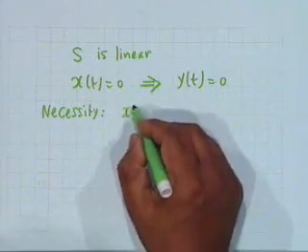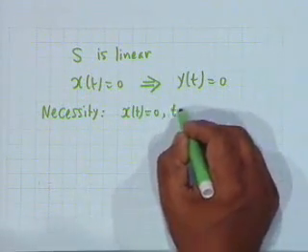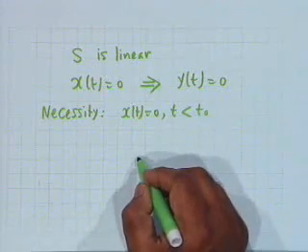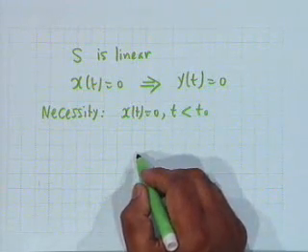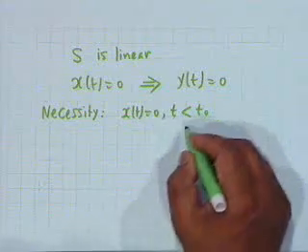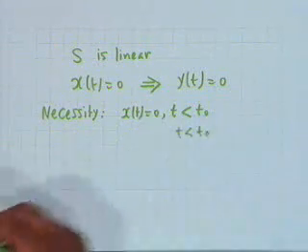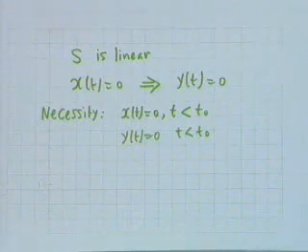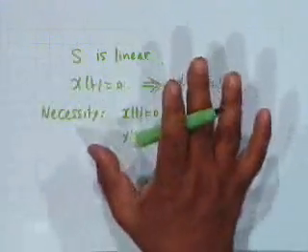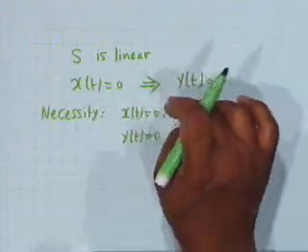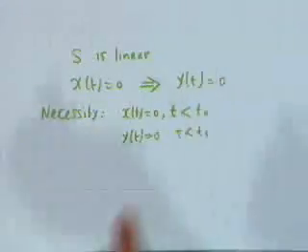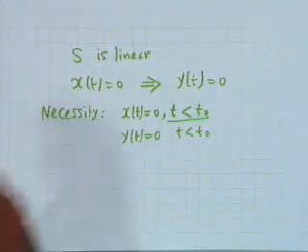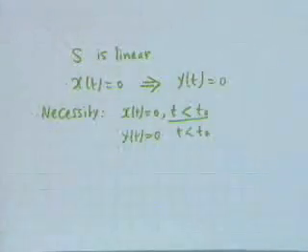Necessity means if x of t equal to 0 for t less than t0, then linearity demands that as long as x of t is 0, y of t must be 0. Since the system is linear, 0 input must lead to 0 output. And 0 input stays up to t equal to t0. So up to t equal to t0, the output y of t must be 0.